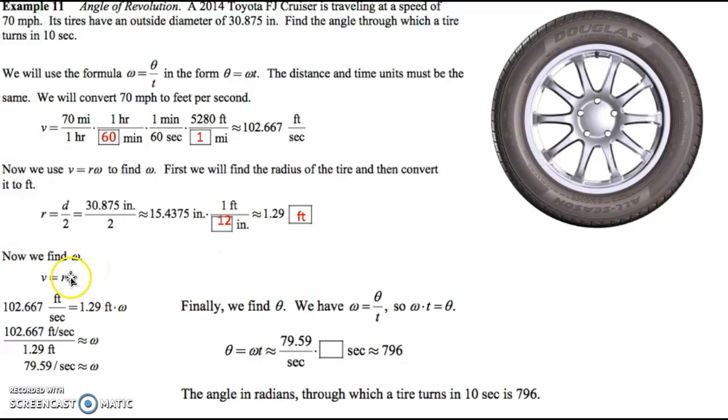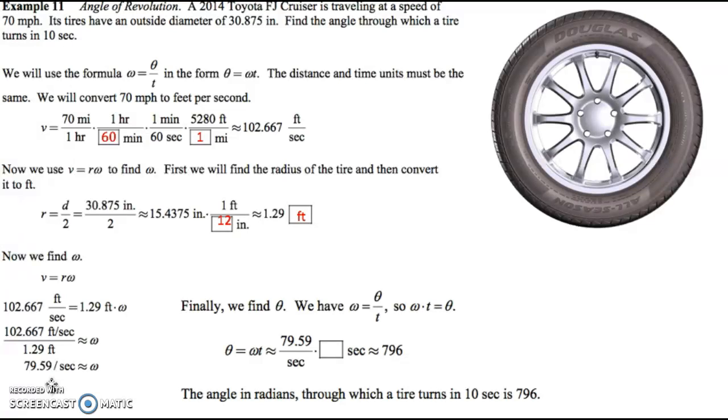We can plug in our 102.667 feet per second for our V, which is our linear rate, is equal to 1.29 feet, which is our radius. When we divide, our feet cancel, giving us 79.59 per second.